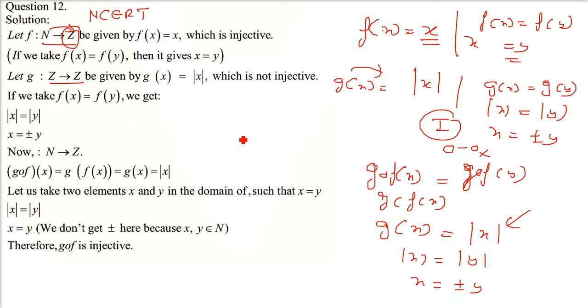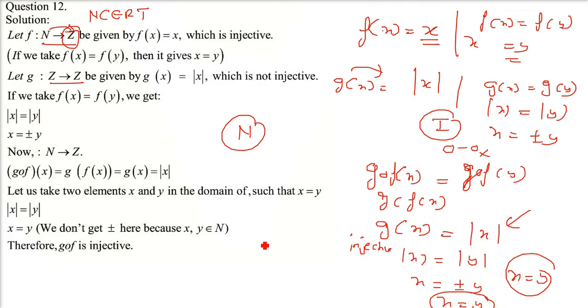GOF is only natural number to natural number. It will not be Z. If you see gof, the domain will only be natural numbers. So negative won't come. So it will be x equals y, it is injective. We started with gof x equals gof y and we proved x equals y. So we are talking about natural numbers, x equal to y. So gof is injective. So the domain does matter.